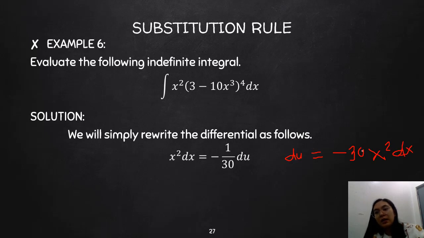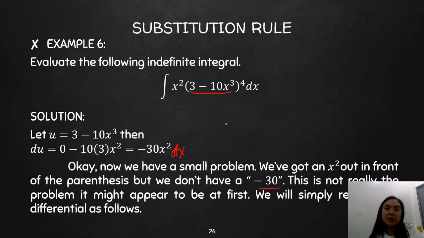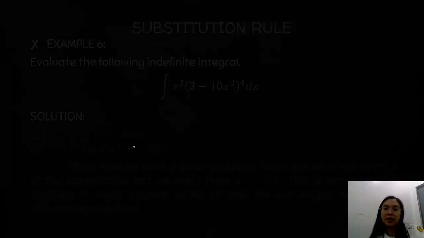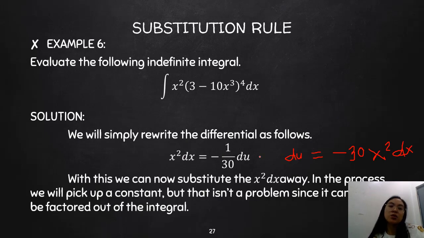Na-equal na siya dun sa equation natin kanina. Ito na siya, negative 30x squared dx. So, mag-introduce ka lang ng negative 1 over 30 du. So with this, we can now substitute the x squared dx away. In the process, we'll pick up a constant, but that isn't the problem since pag constant, pwede mo siyang ilabas sa integral.